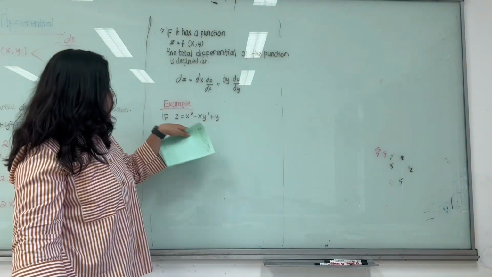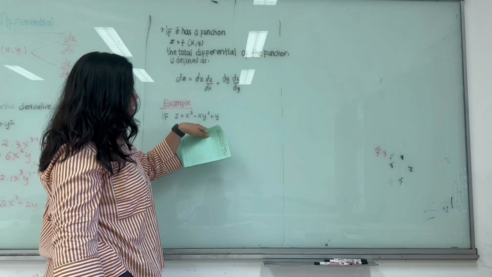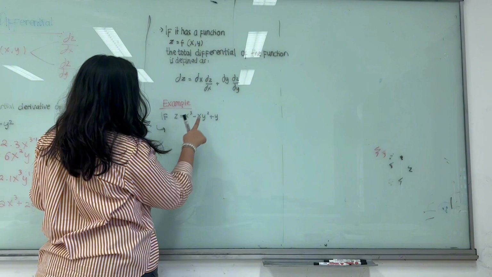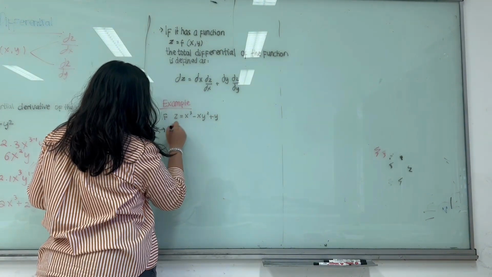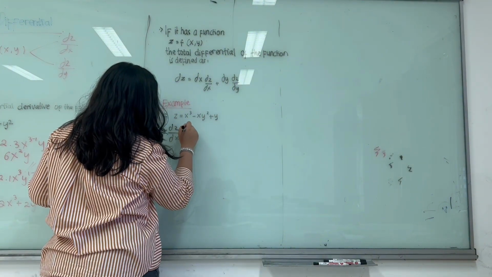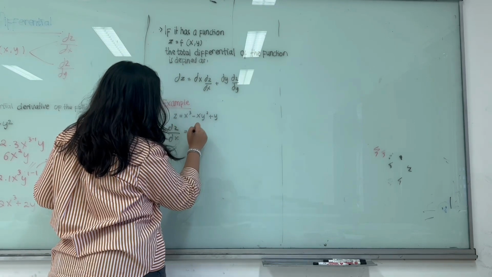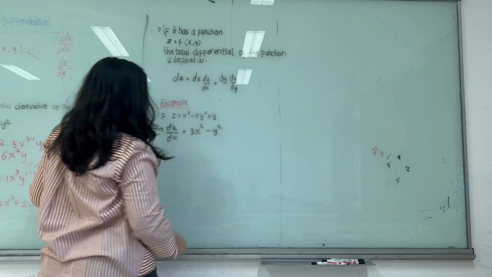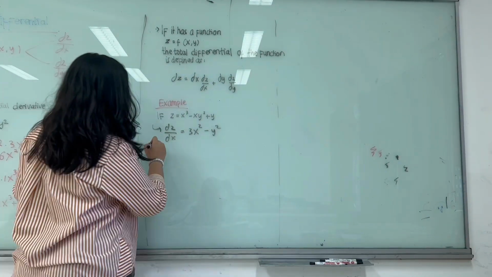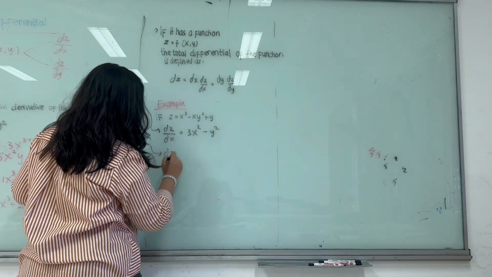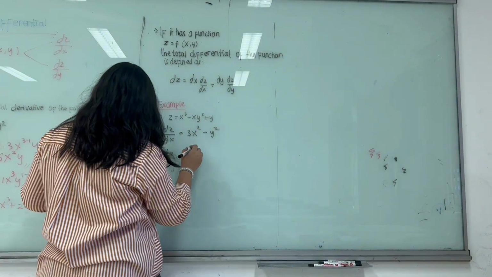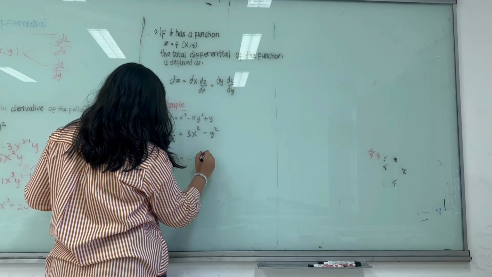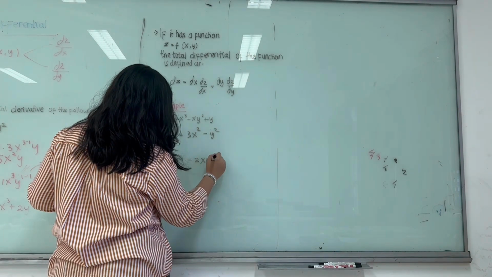If z equals x³ minus xy² plus y, we are checking this one. ∂z/∂x is 3x² minus y². The second one, ∂z/∂y, is minus 2xy plus 1.